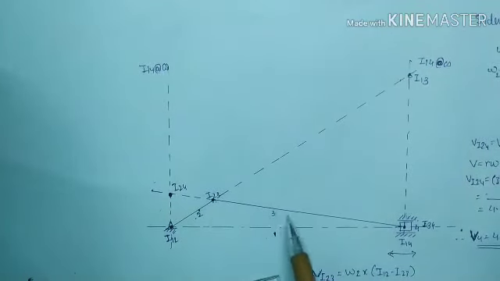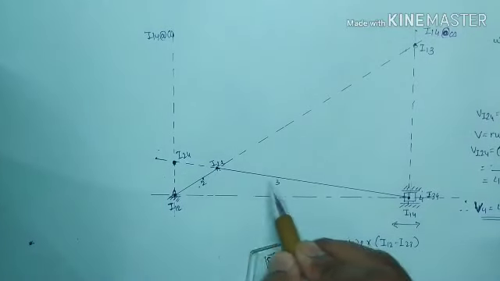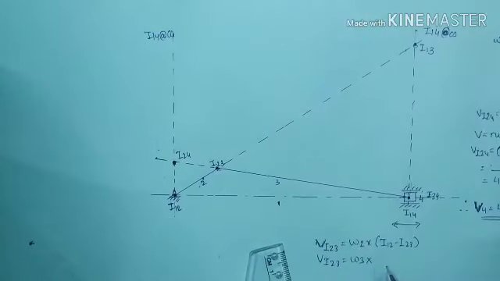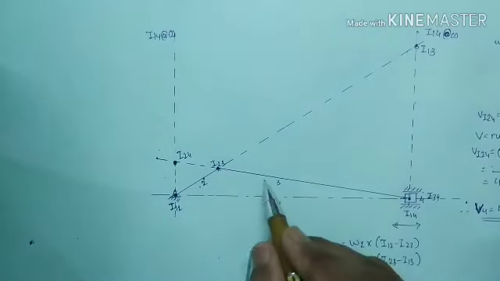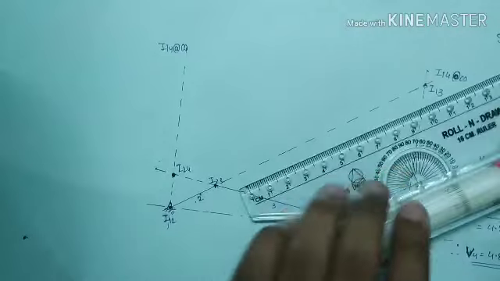If we consider link 3, then the velocity of I23 equals omega 3 into I23 to I13, because we are considering omega 3 for link 3. Now we have to measure this particular link.